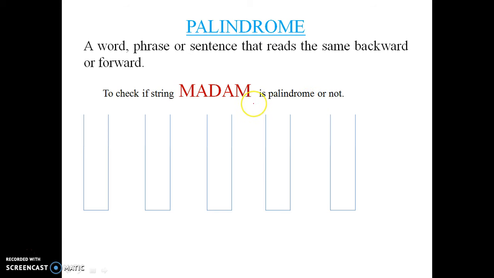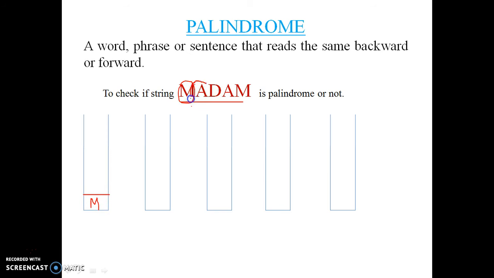Let us now begin with the push operations. The first one, as you can see, is M, the first element. I will insert M in the empty stack. M is the topmost element.